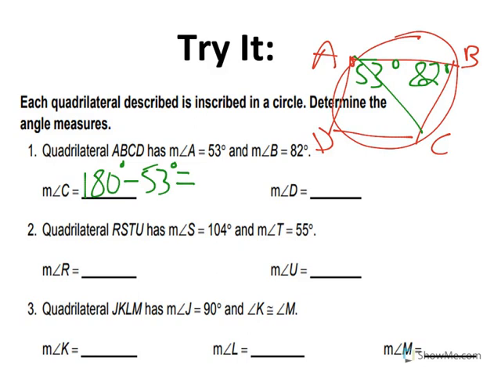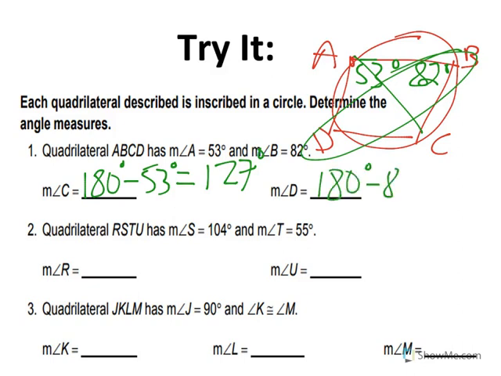So this is 127 degrees. Right, to solve for D, these two are supplementary, so it's 180 minus 82. So this is 98 degrees.